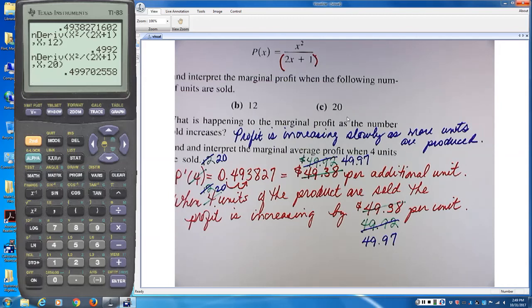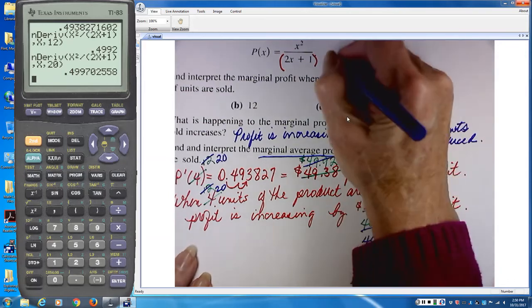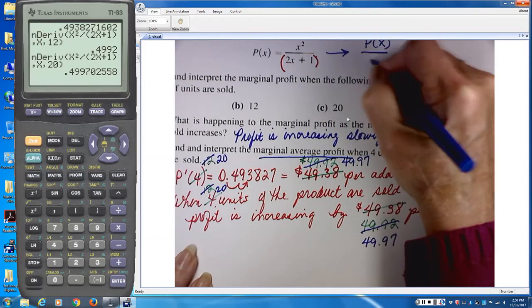Now the last question is about the marginal profit. Not just marginal, but marginal average profit, which is a very different thing. Marginal average profit says that P of x has to be divided by x to find your average profit.